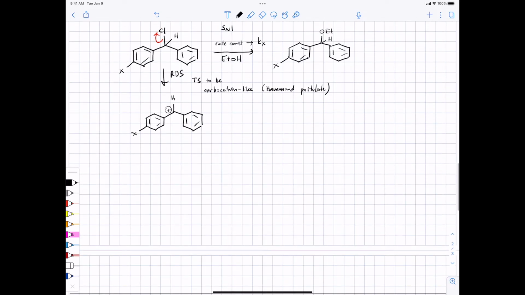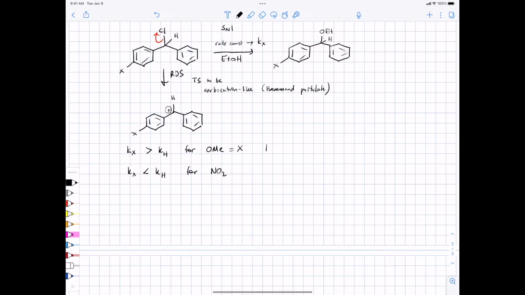And what we observe for this reaction is that little kX is greater than little kH for methoxy, but little kX is less than little kH for nitro.